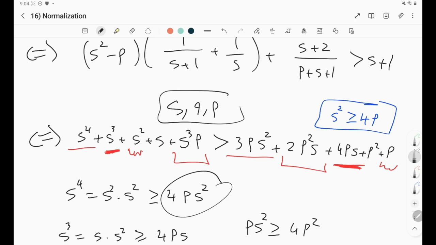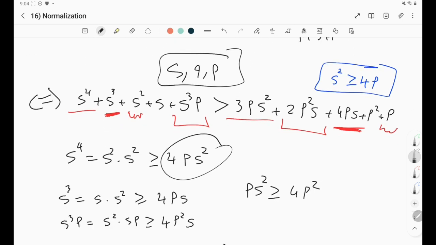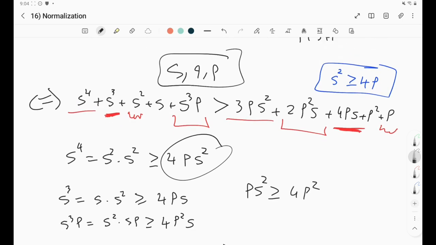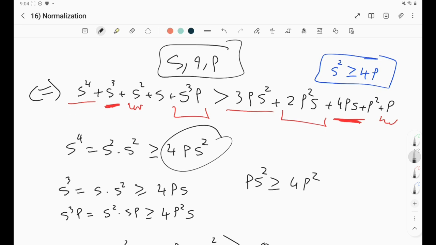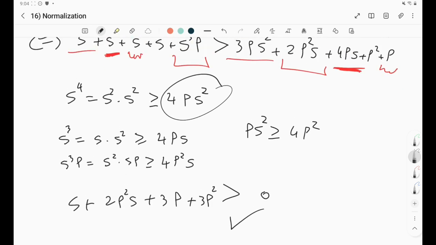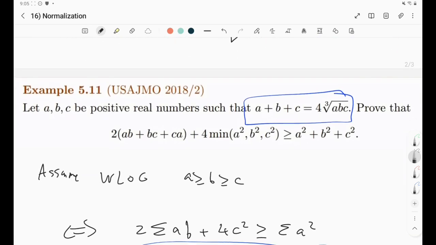So sometimes you need to exploit all of these. In fact, you have tons of relations between these in terms of inequalities. You can relate s to p with AM-GM, q with p with AM-GM, s with q also with AM-GM, and you have other ways to do it as well, some more complicated. Depending on the question, you should use the right one. Anyway, right now we just have two variables, and our life was very easy. We easily killed that question.